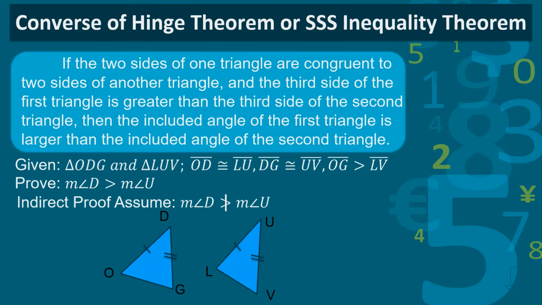So we are going to prove that the measure of angle D is greater than the measure of angle U. To prove that, we are going to use indirect proof, assuming that the measure of angle D is not greater than the measure of angle U. So, kokontradict lang natin yung dalawang angles na ipoprove natin. Okay?